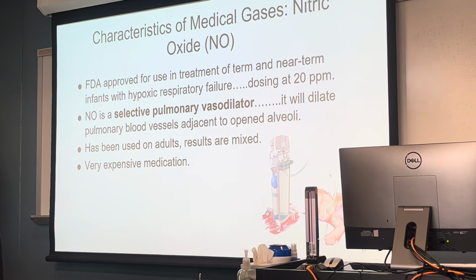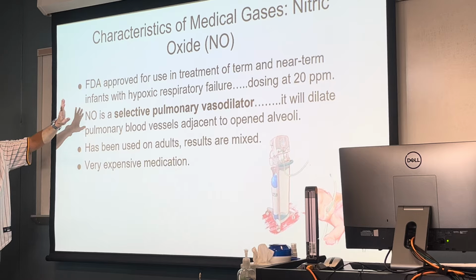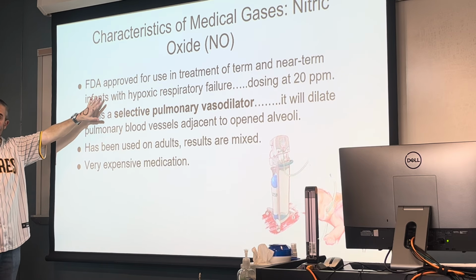Has been used on adults, but the results are inconclusive or mixed. There's some conditions, some disorders and diseases, not COPD, that can lead to pulmonary hypertension, and this gas has been used in those situations, but the results are inconsistent at best. So that's why it's not FDA approved to be used on adults, just term or near-term infants, again with what we term persistent pulmonary hypertension.